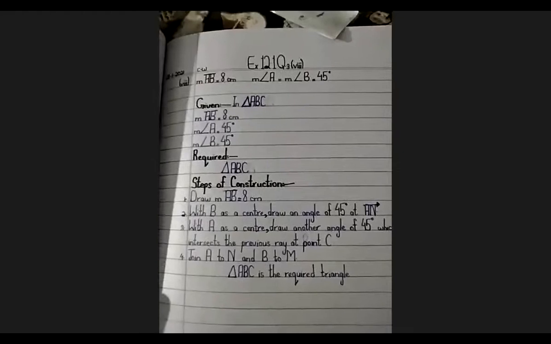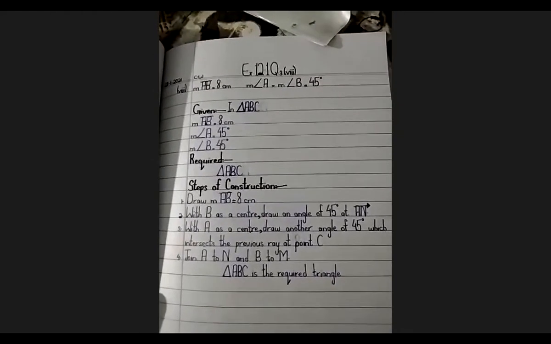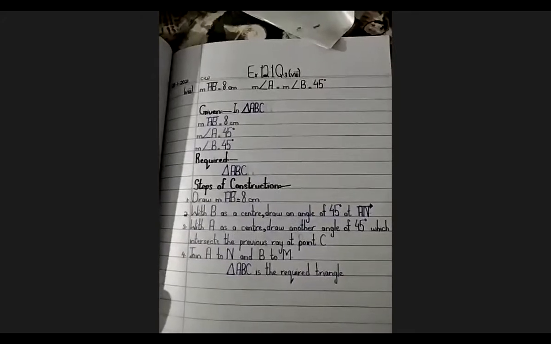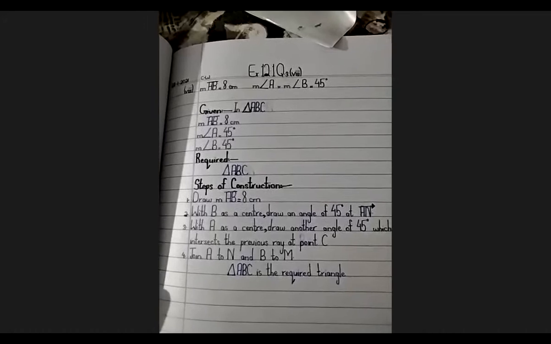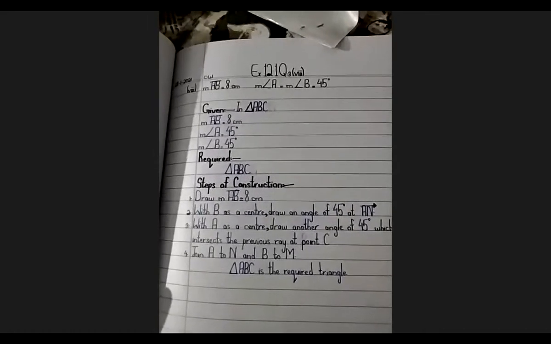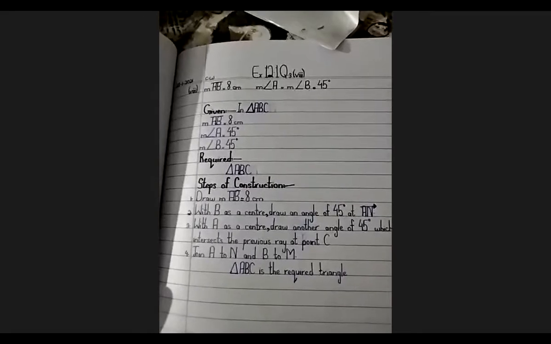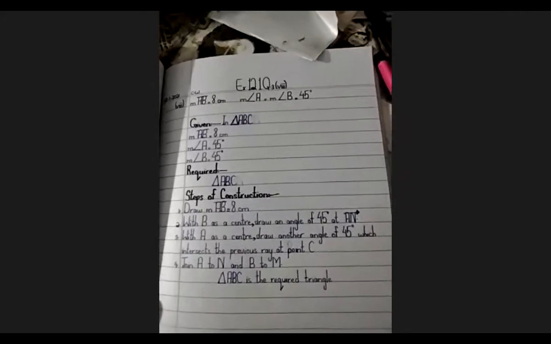At B with B as center, draw an angle of 45 degree at AN. It's wrong. At AN. What is meant by at AN? You have drawn an angle at AN. Beta, when you draw an angle, then you get a ray. With B as center, you have drawn an angle and then you get a ray AN.